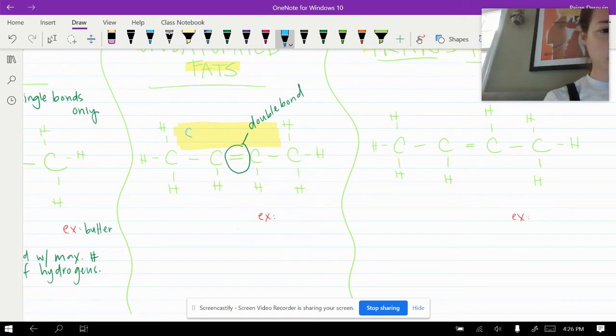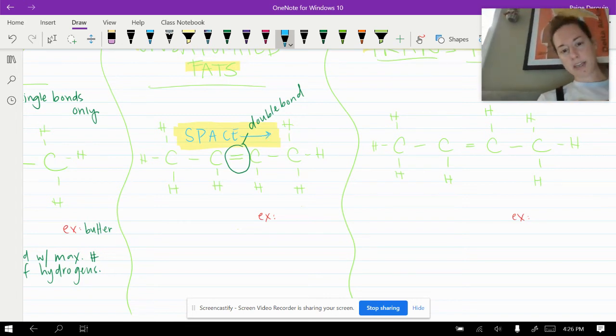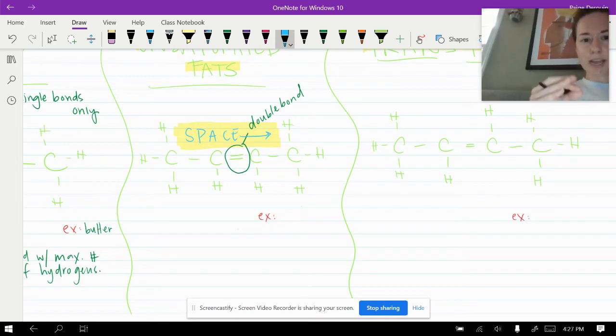So this is just space. Because there's all that space, these are a little more floaty. They're not packed quite as tightly. And the more double bonds or triple bonds you have, the more unsaturated your fats are going to be.